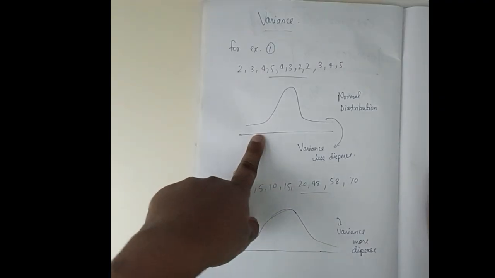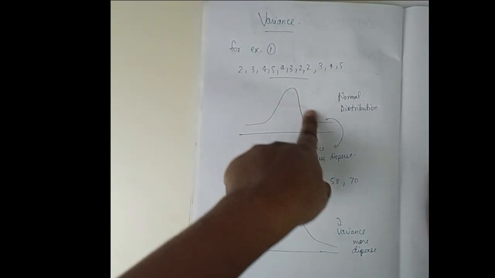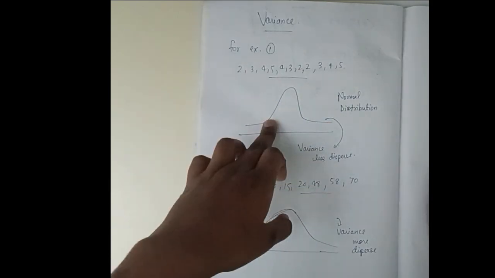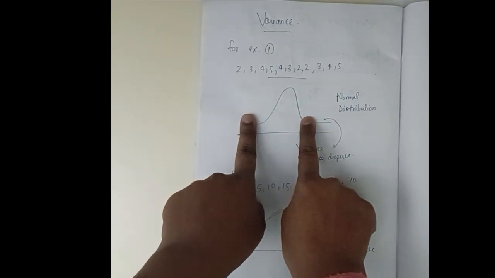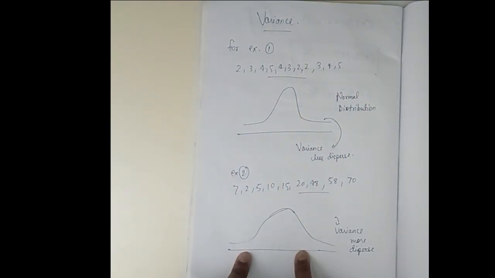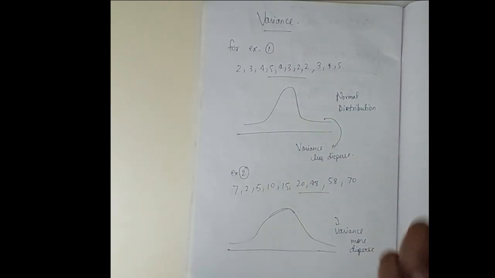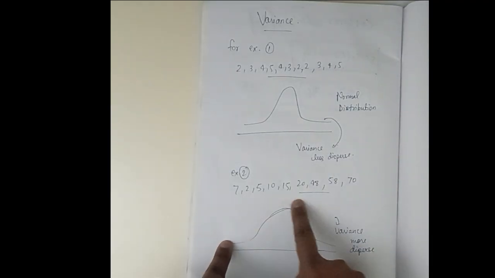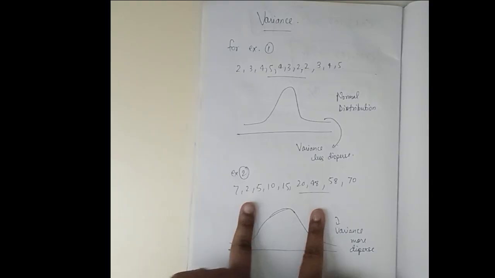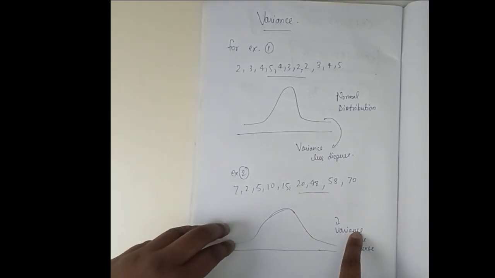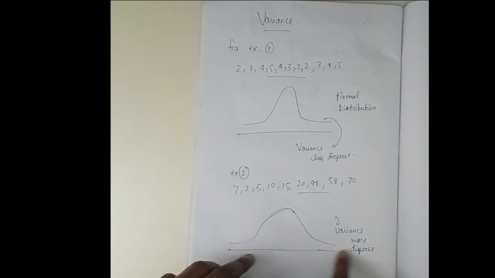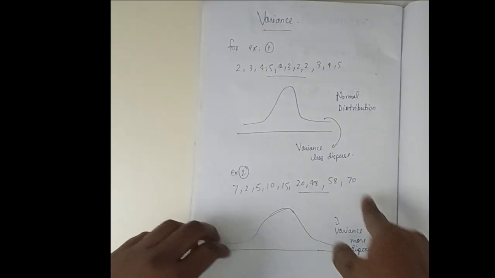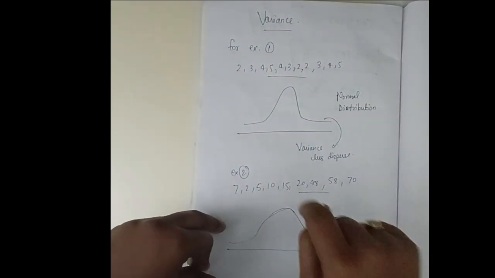For dataset 1, the curve is very less dispersed, meaning the width of the curve is very small. But in large datasets, the variance fluctuates and becomes very big. So if we have bigger numbers or the datasets differ, the variance differs also. For the second, the variance is more dispersed, and for the first dataset the variance is less dispersed.